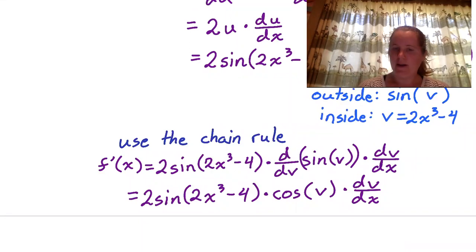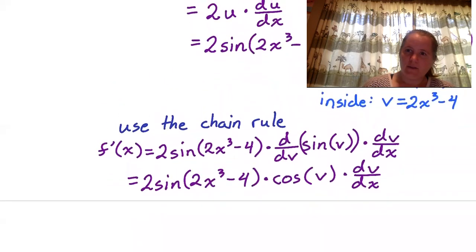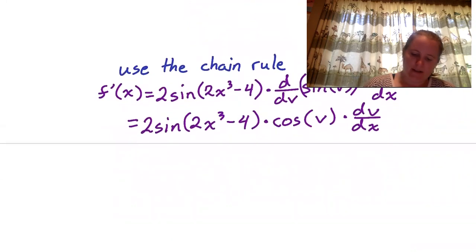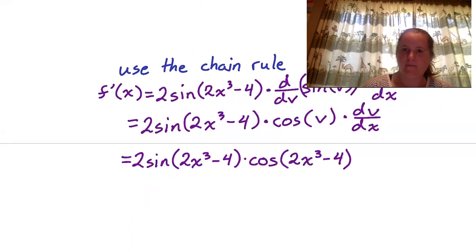At this point, we can go ahead and plug back in our v. So v was 2x cubed minus 4. If we plug that in, we are looking at 2 times sine of 2x cubed minus 4 times cosine of 2x cubed minus 4 times the derivative with respect to x of 2x cubed minus 4.